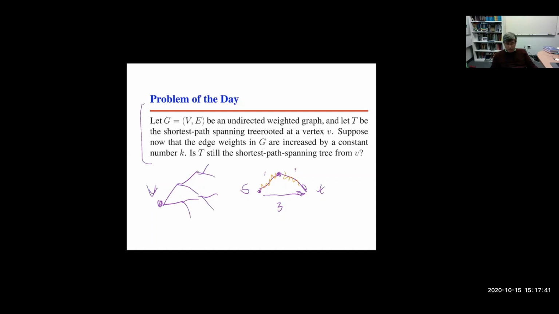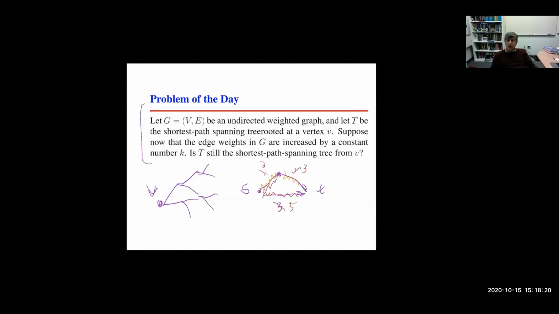Now, what happens if I bop each one of these edges up by what? If I increase all the edges by 1, the shortest path spanning tree is unchanged, right? But what if I increase every edge by 2? 3, 3, 5. Now what does the shortest path spanning tree from S look like? Okay.